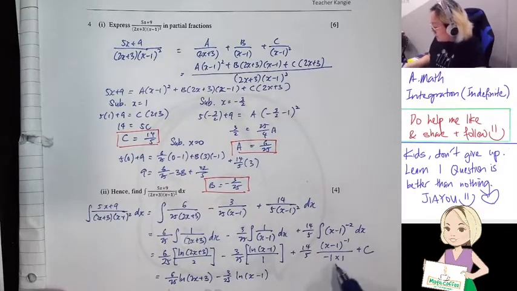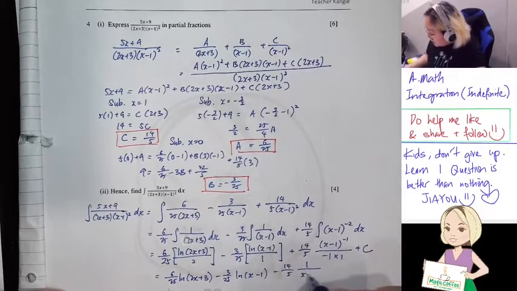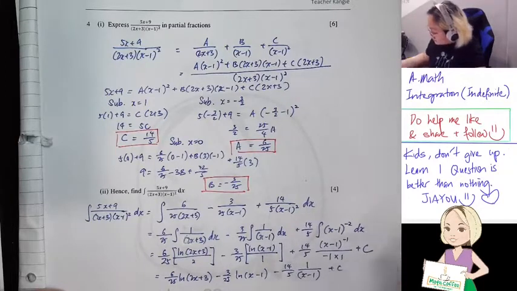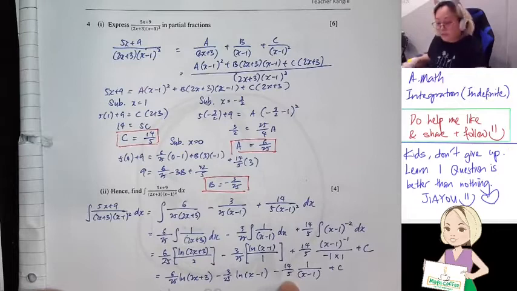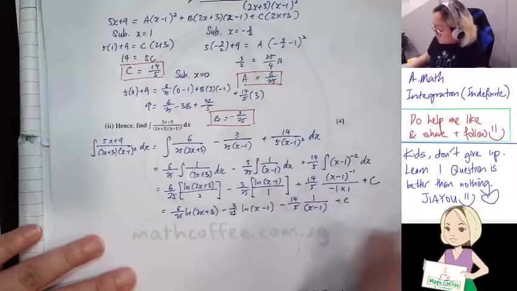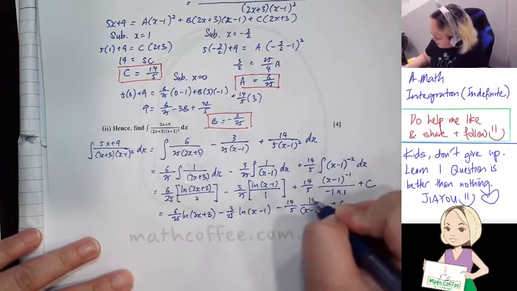This one, I will write as a minus, minus 14 over 5 times 1 over (x minus 1), plus c. And of course, it doesn't look nice with the 14 over 5 written here. So what I'm going to do is, we can just put this one as 14.